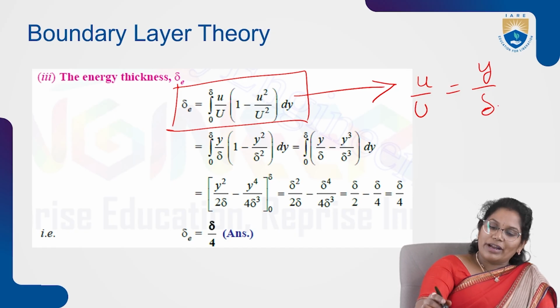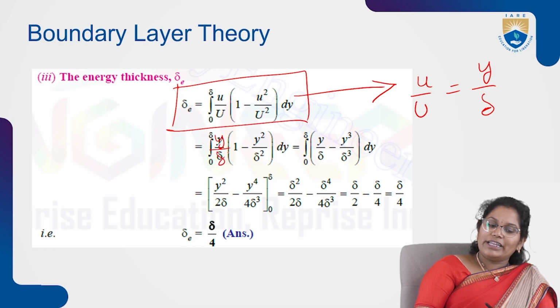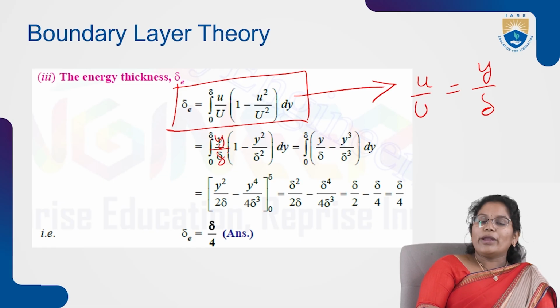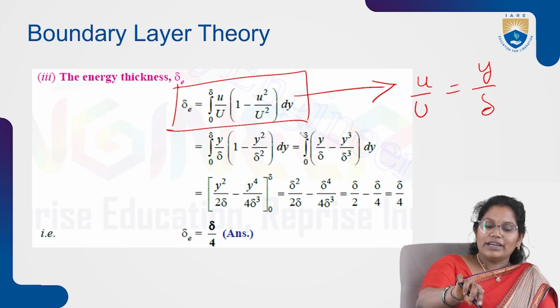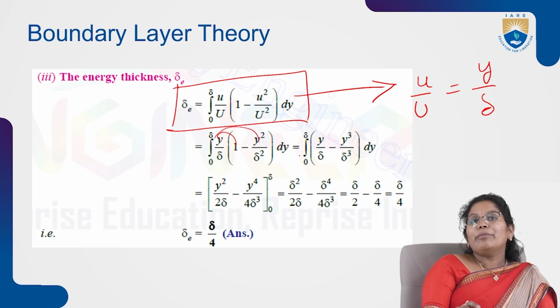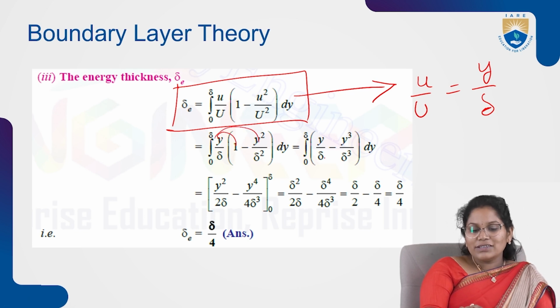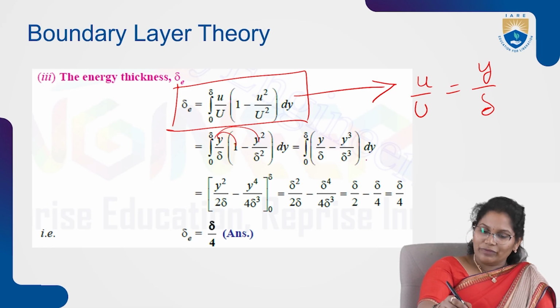So it becomes the integration from 0 to delta of y by delta into 1 minus y square by delta square into dy. I take this inside and multiply with both terms: y by delta minus y cube by delta cube, into dy.